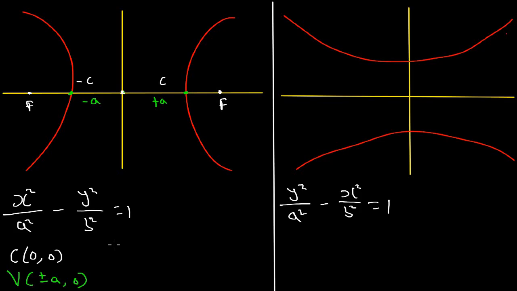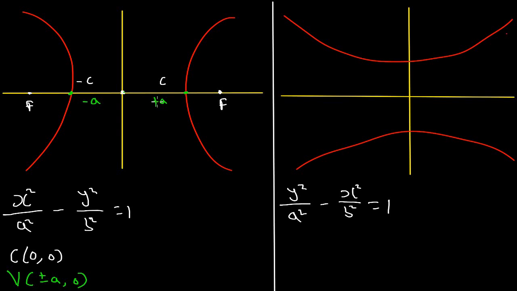Now the next thing we need to discuss is called the foci. The foci is the coordinates of the focus, the coordinates of both focus, because we have two focus in the hyperbola. You understand?